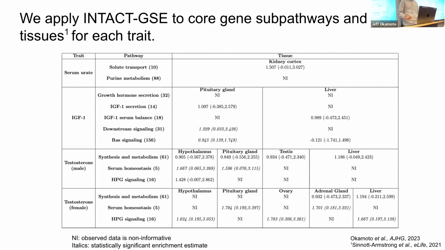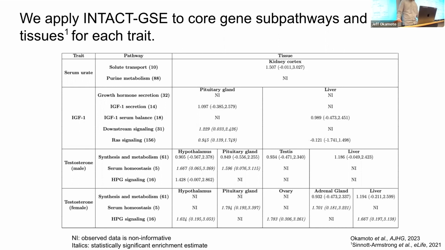The statistically significant estimates are in italics. There are 9 of them out of the 39 tested tissue pathway trait combinations. The NI entries mean that the observed data is non-informative, so you can think of this as cases where the INTACT-GSE EM algorithm did not converge.